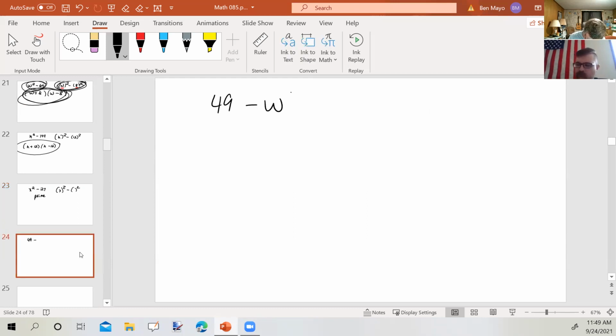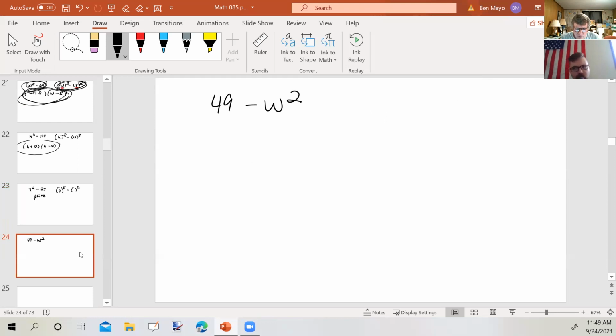Okay, now, what about this one? 49 minus w squared. This is a binomial. There's no greatest common factor. Now, it's not in standard form. When you are factoring trinomials or larger, like quadrinomials, quintrinomials, whatever, standard form is important.